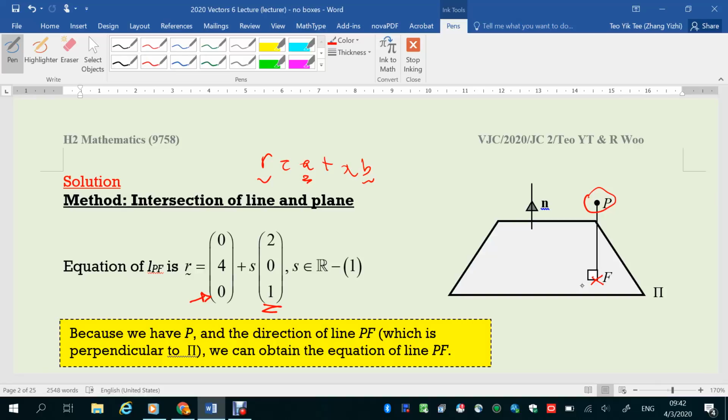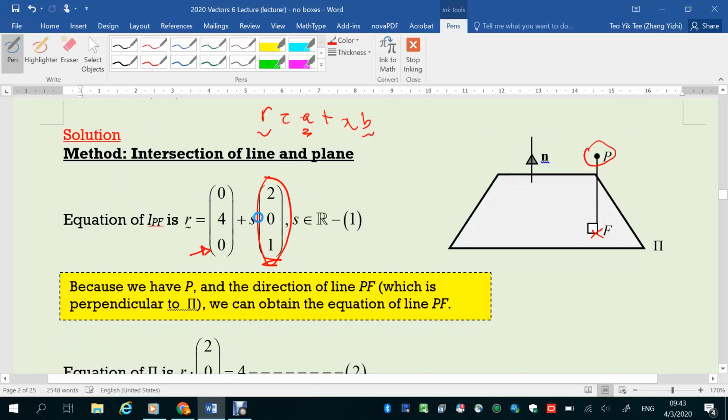So PF is parallel to the normal vector of the plane pi. And so the direction vector of the line PF must be the same as the normal vector of the plane, 2, 0, 1. So what I have now is the equation of the line PF.